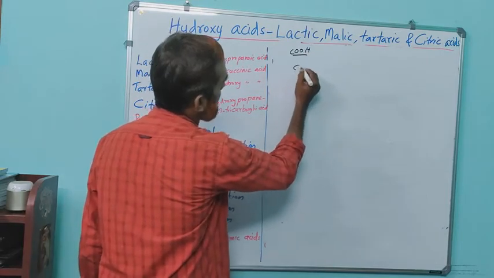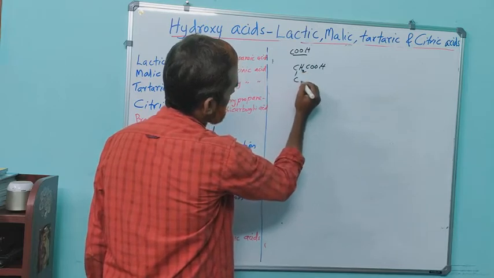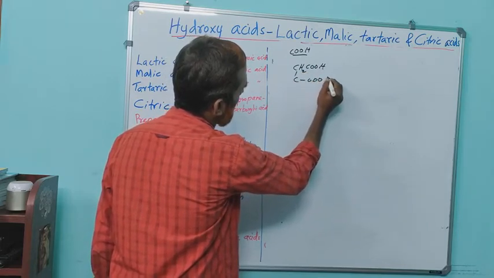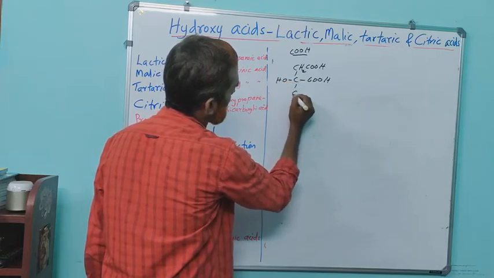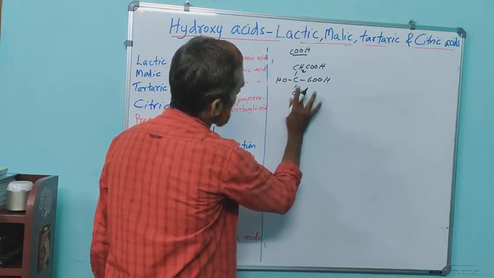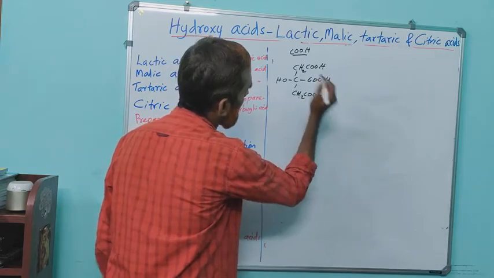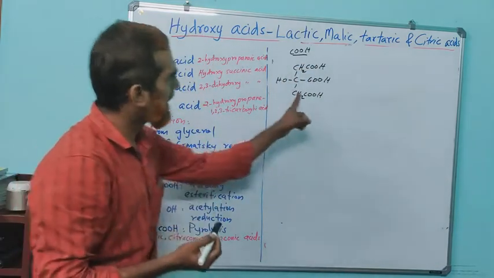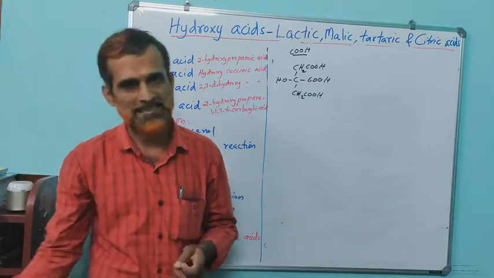Okay, so let us consider the first one, reactions due to COOH group. So let us write citric acid. Reaction is very simple here. Since citric acid is a tricarboxylic acid, it's very clear that it can form three series of salts with bases.